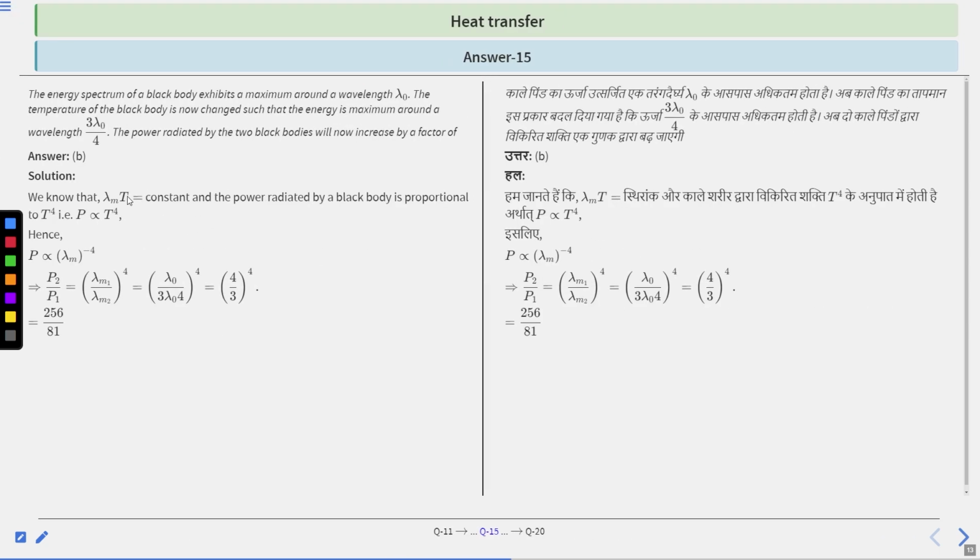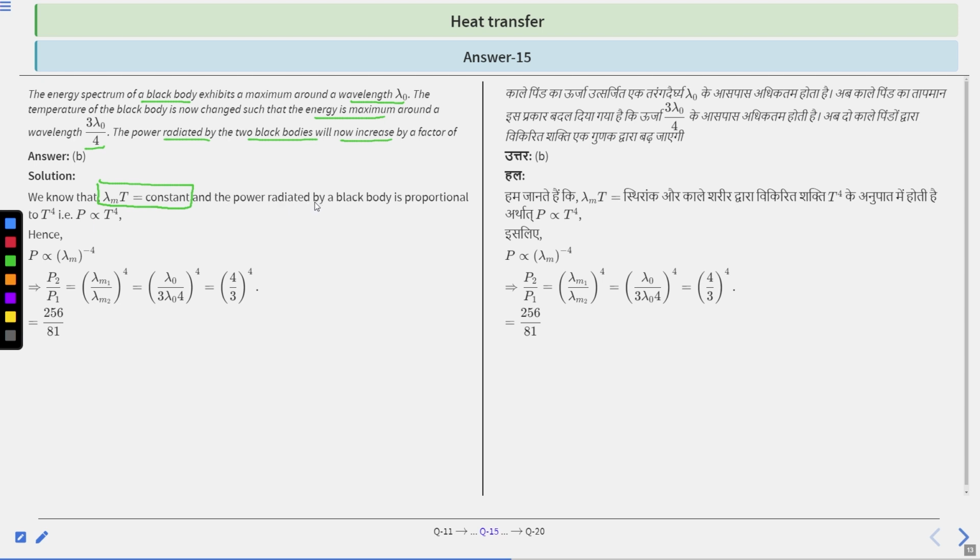So, according to the question, the energy spectrum of a black body exhibits a maximum around a wavelength lambda naught, and the temperature is now changed such that the energy is maximum around a wavelength 3 lambda naught divided by 4. The question asks by what factor the power radiated will increase. We know lambda m times T is equal to constant, which is Wien's displacement law.